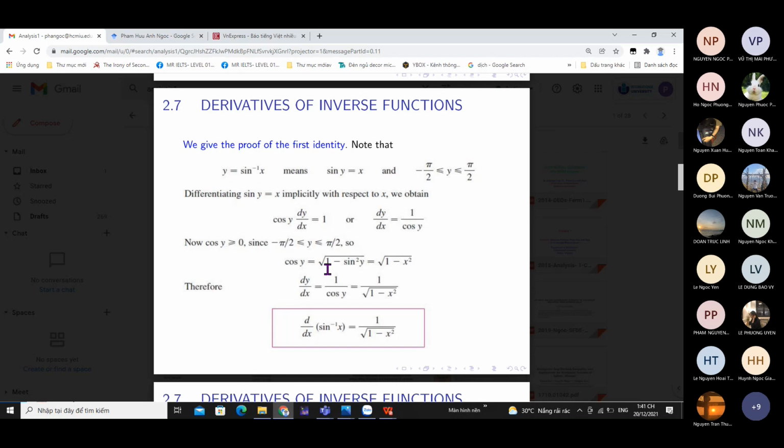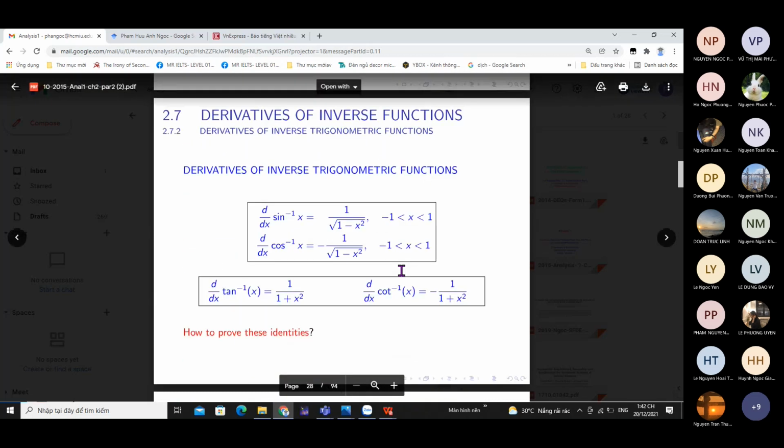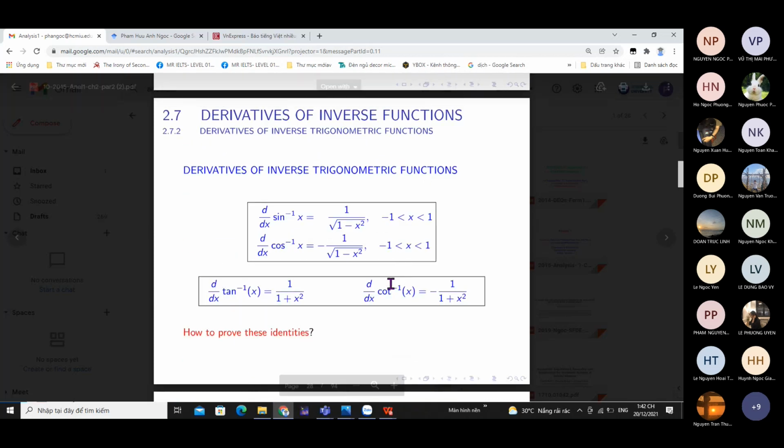It follows from the general formula for derivative of inverse function, and we just use the definition of inverse function here. You see, the proof is very, very elementary. In the same way, you can show that derivative of cosine inverse of x equals minus 1 over square root of 1 minus x squared.